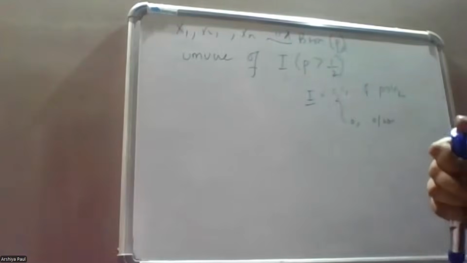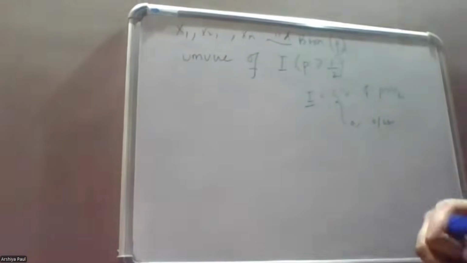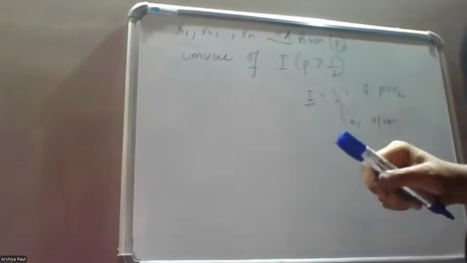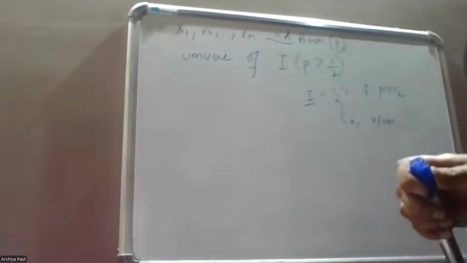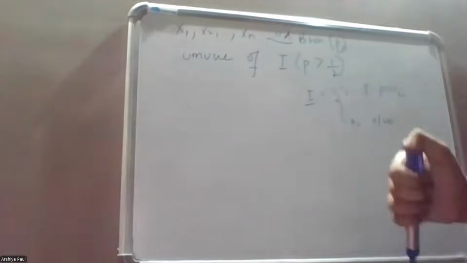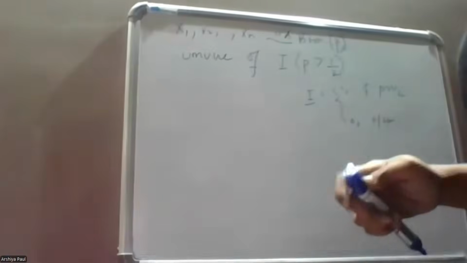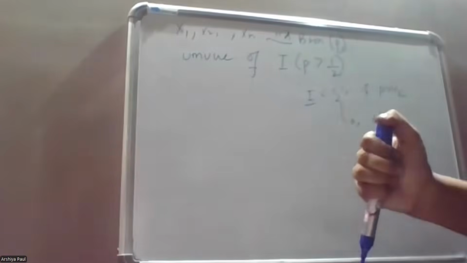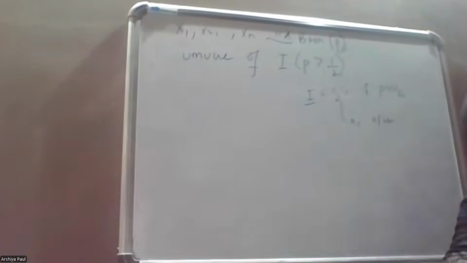What are you trying to find at first? So what is a UMVUE? The UMVUE of a parametric function is that unbiased estimator which has the minimum variance among the class of all unbiased estimators.